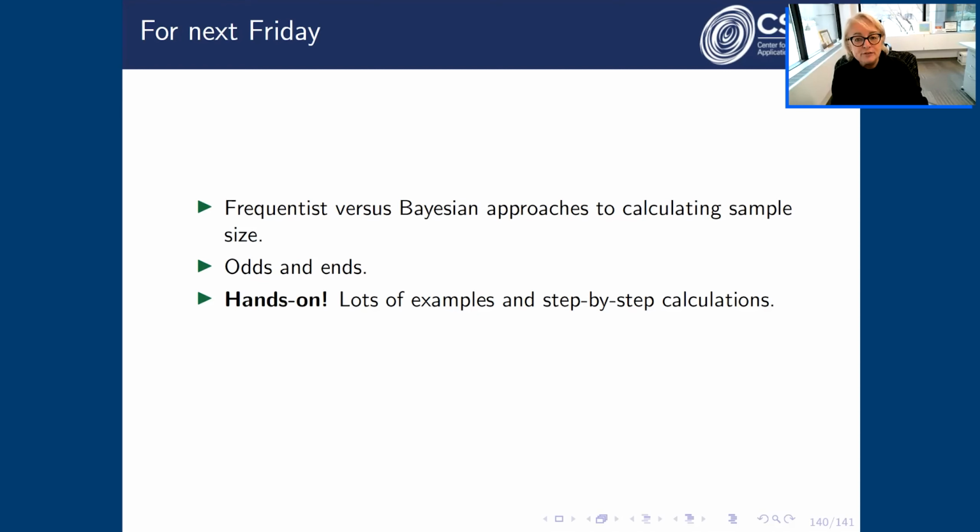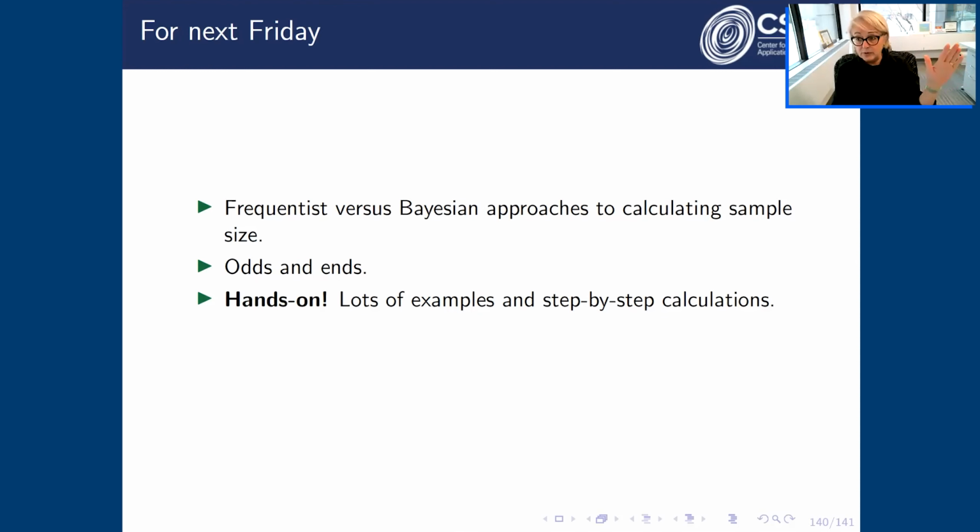Okay, so next Friday, we're going to talk about the frequentist versus Bayesian approaches to calculating sample size. I am not going to go into any depth. I am just going to go over some of the things you're likely to run into in the literature and give you some guidelines on the difference between the Bayesian approach and the frequentist approach, which is what we have been doing.